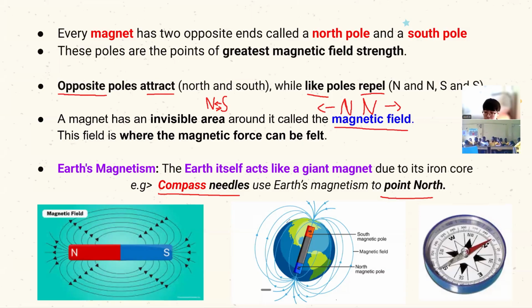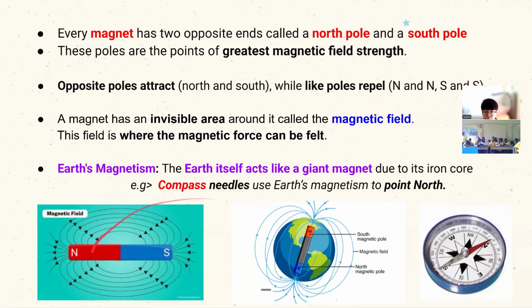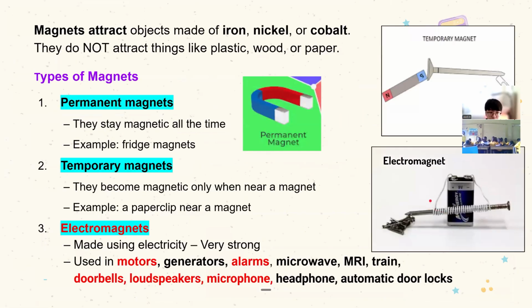Because Earth is magnetic, we can use a compass to locate our position based on the Earth. That's why we have the north, the east, the south and the west. Okay, so that was about the Earth's magnetism. And we don't have to think about it at a very large scale. Magnets attract objects made up of iron, nickel, or cobalt. They do not attract things like plastic, wood, or paper.